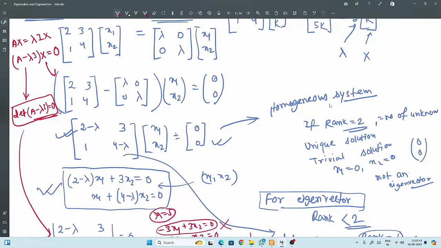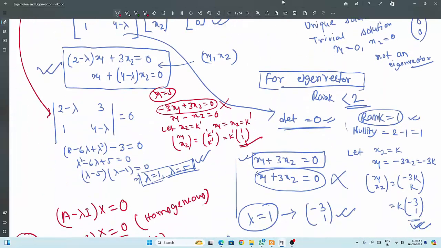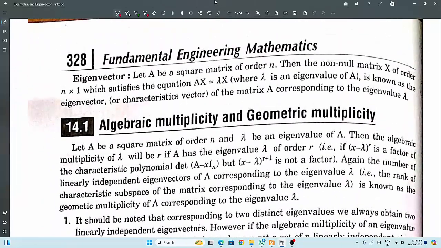That means the determinant value should be 0. It is a singular case. So that's why our primary criterion is taking the determinant value equal to 0, then calculating the value of lambda, then solving the system of equations.